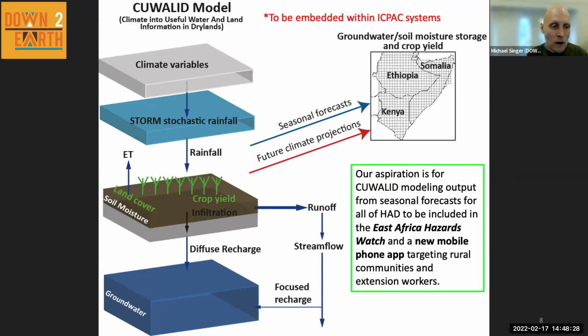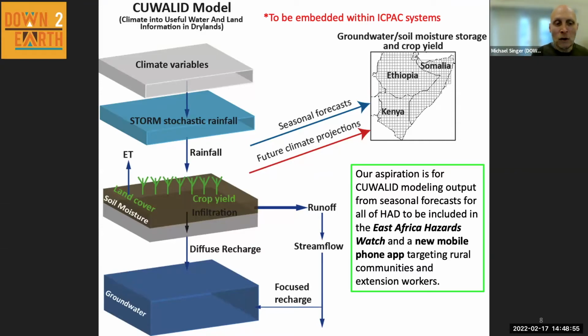So some of that water gets infiltrated into the soil, and some of it is lost through evaporation very quickly, or through transpiration, for example, through plants and crops, any kind of land cover. And some of that water may infiltrate below the soil zone and actually recharge the groundwater aquifer through a process we call diffuse recharge.